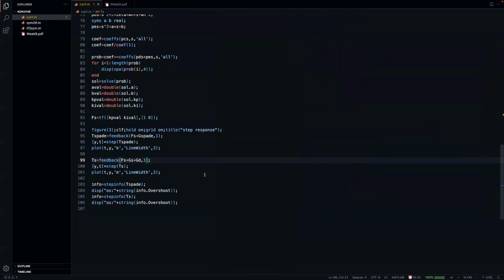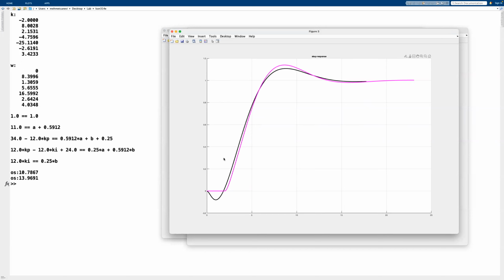So just in order to check if we should stop or not, we are going to look both at the Padé approximation and the actual system's closed loop and compare them. But other than that, we always need to check if the actual system, the original system, works or not.